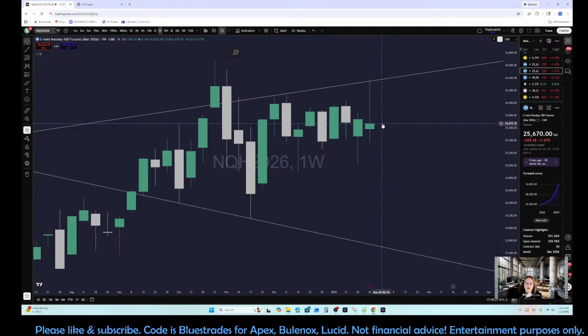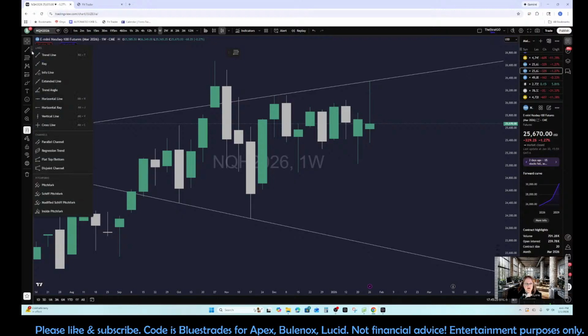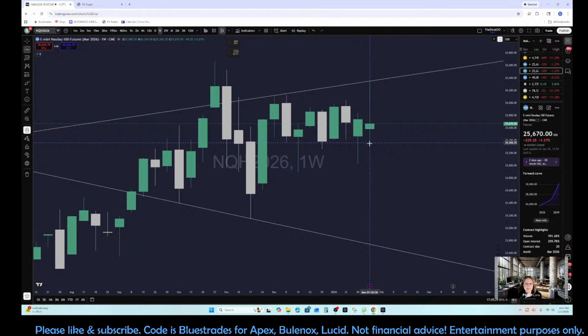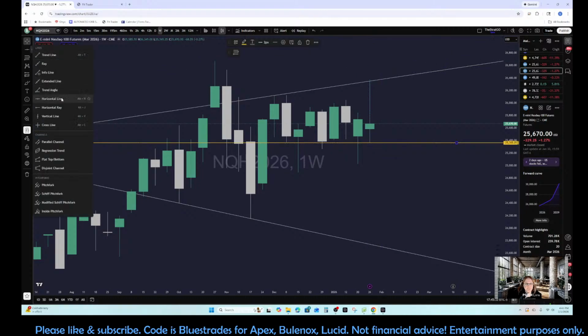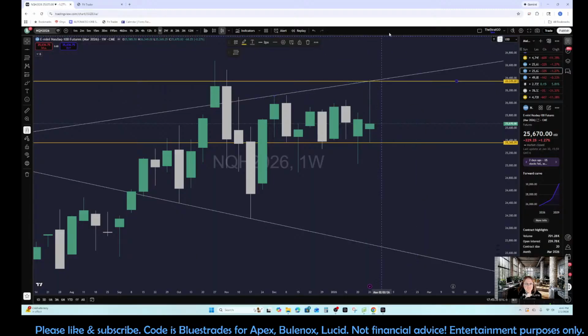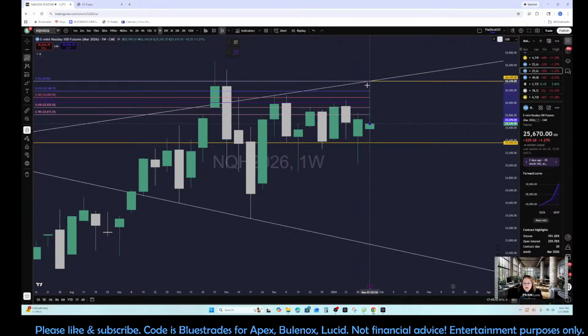Small, more of a doji type candle for last week on NQ. So there's top and bottom of last week there. We could do the fib on that wick as well.